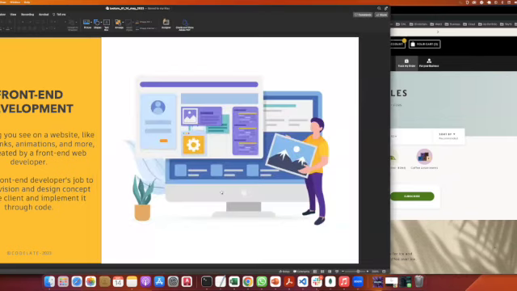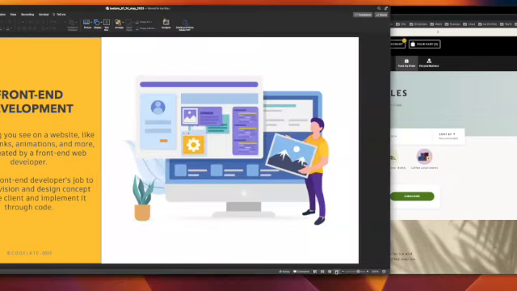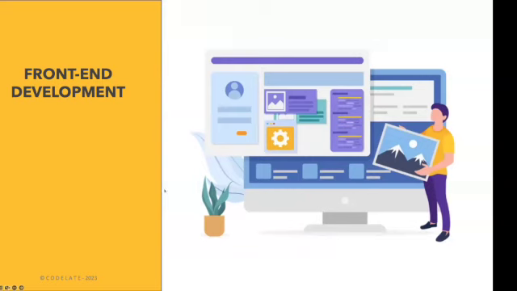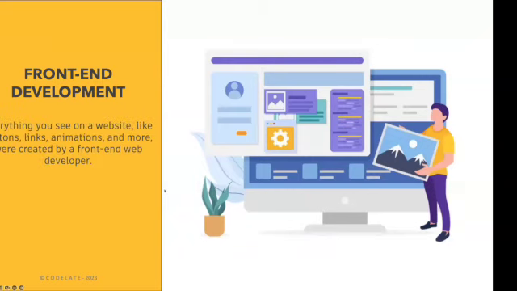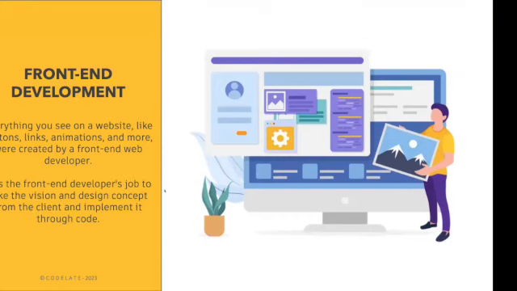So in front-end web application development, what you'll be responsible for doing is to decide or to place that information on the website, like text, images, buttons, and all that. Now, it is the front-end developer's job to take the vision and design concepts from the client and implement it through code. So look at it from the perspective of building a house. An architect draws a design.